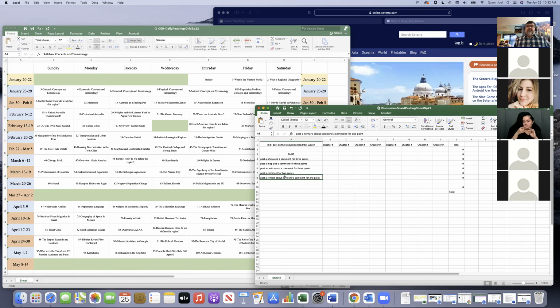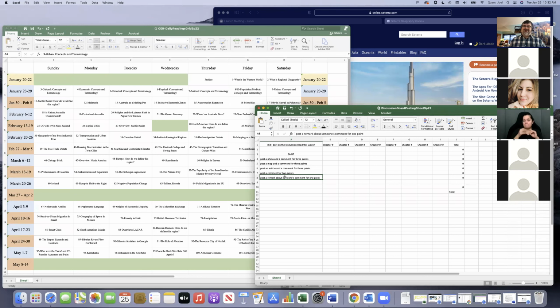So if you read the discussion board post and you find that one of your fellow students wrote quite an interesting comment and you want to post a shorter remark about it, you can do that for 1 point. Okay, so 3, 3, 3, 2, and 1. There are 5 different ways to earn points posting for any chapter.